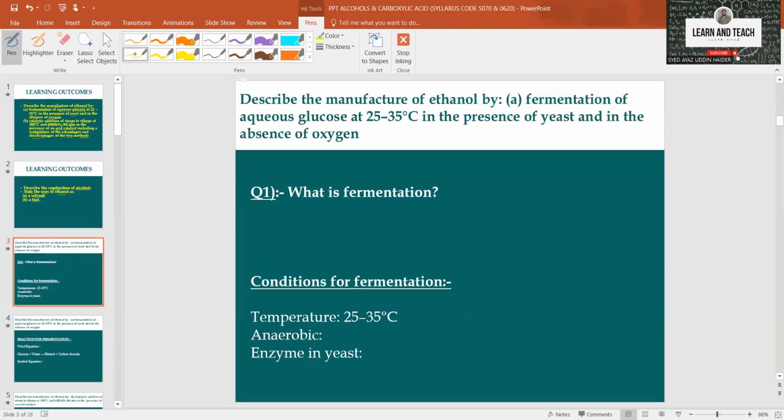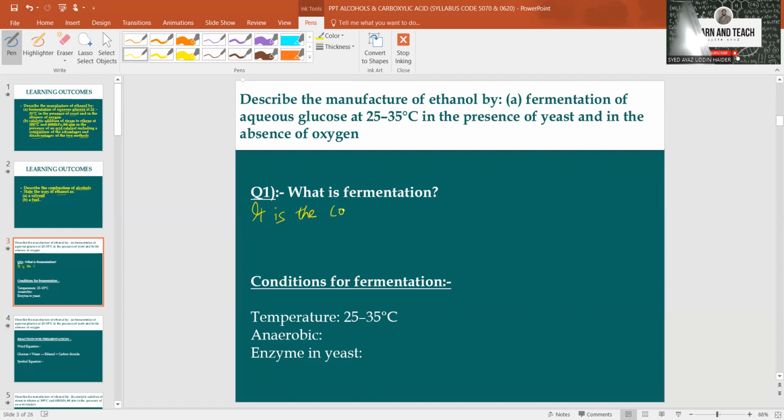So let's start the lesson with the meaning of fermentation. What is fermentation? It is the conversion of sugar, either glucose or sucrose, into ethanol and CO2 by the action of enzymes zymase found in yeast.